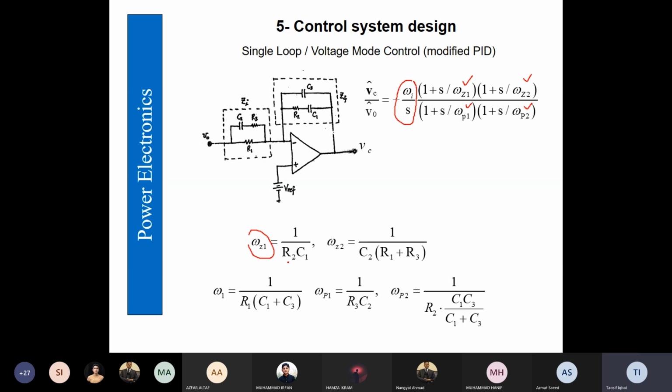Omega z1 depends on R and C, omega z2 depends on C2, R1 and R3.